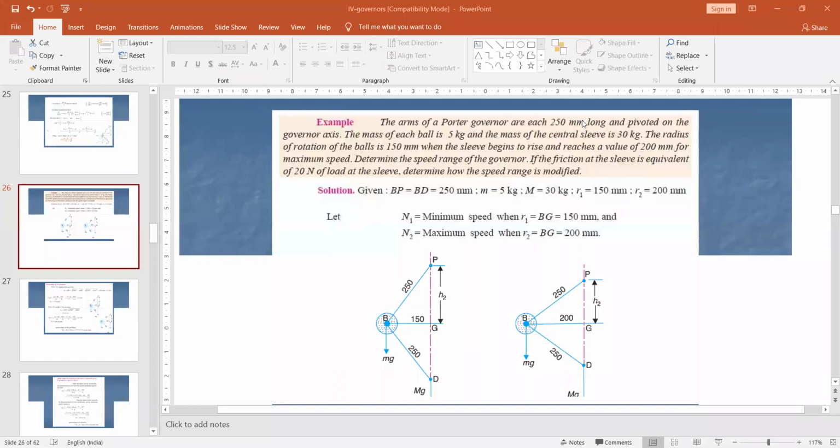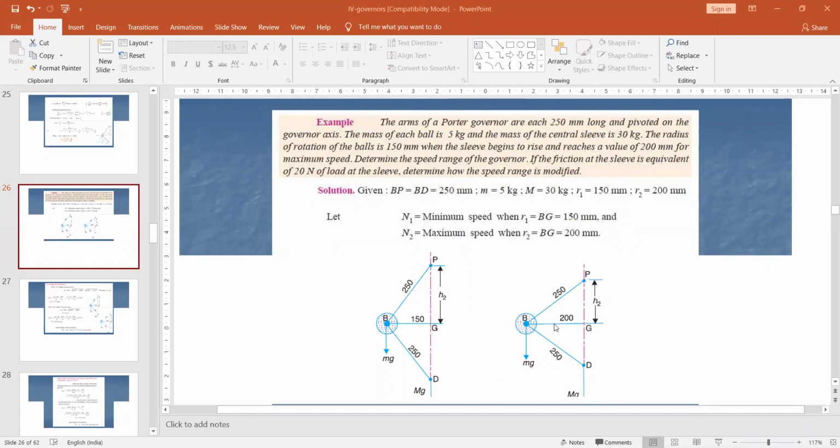So the arms of the Porter governor, PB and PD, are both given as 250 mm long, and small m is 5 kg, capital M is 30 kg.